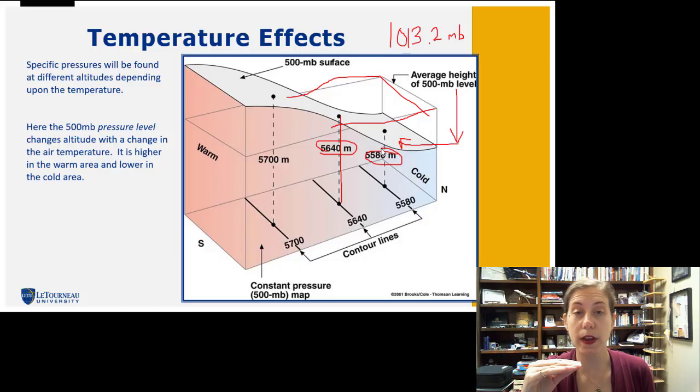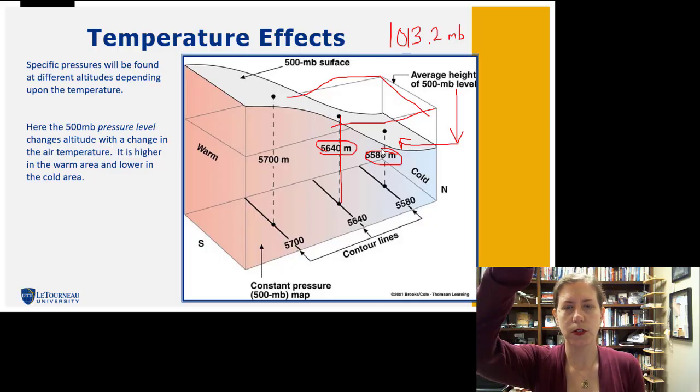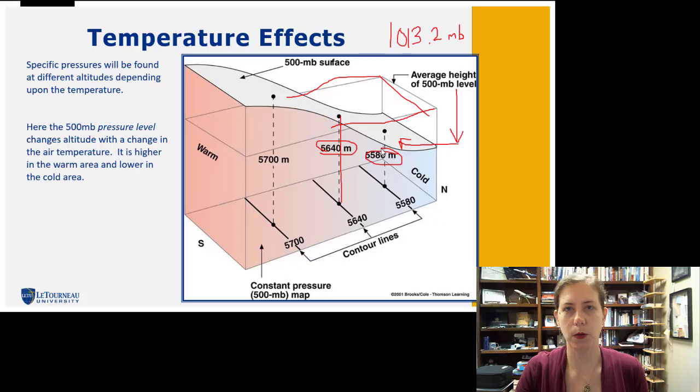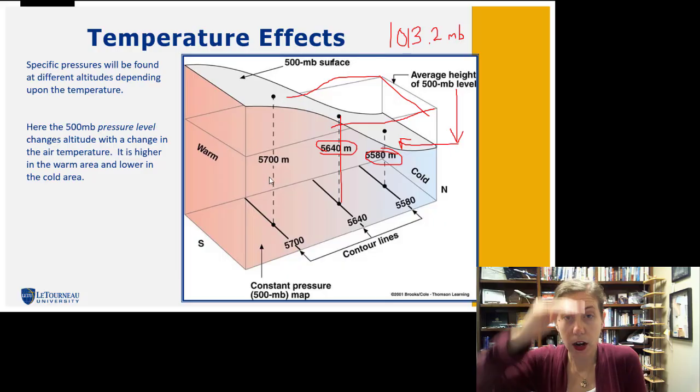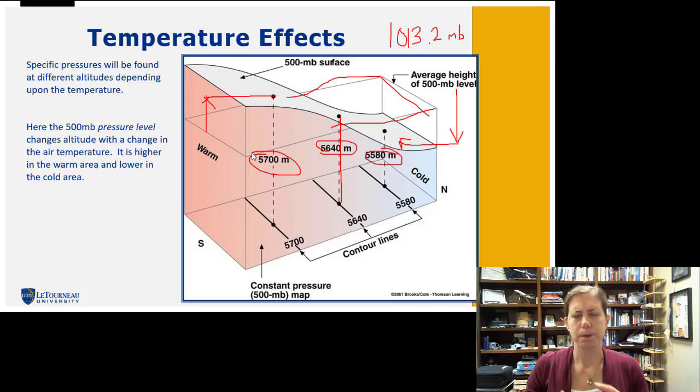However, on a warmer day than standard, that column is going to rise higher than where it was on a standard day. So here's a warmer day than usual. That air expands, hot air expands, and we end up with the 500 millibar level up here. It's risen, and now it's at the 5,700 meter mark. So it's kind of varied.